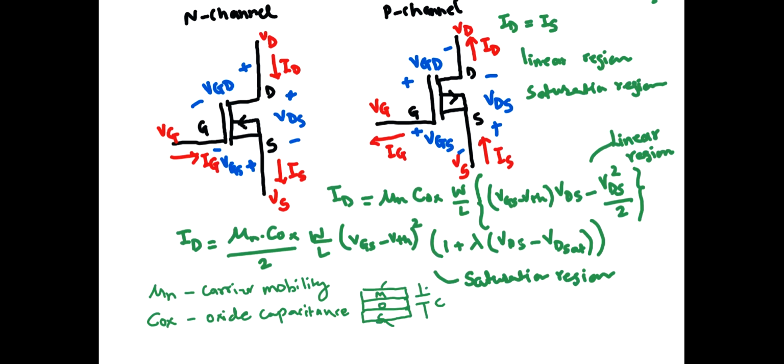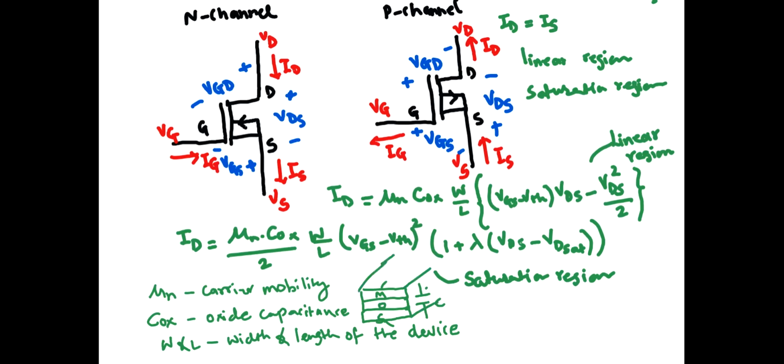Now, what are W and L? That is the width and length of the device. Your MOSFET is basically a three-dimensional device. So you see that there is a width.